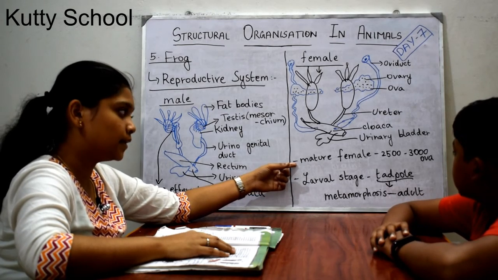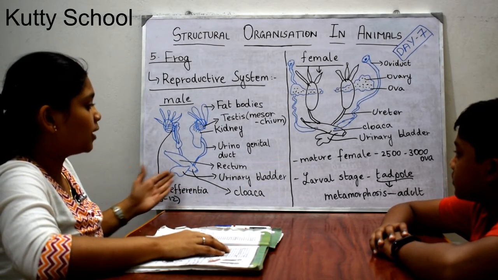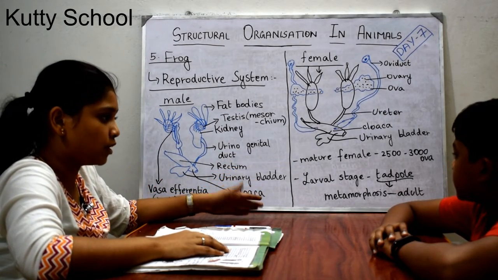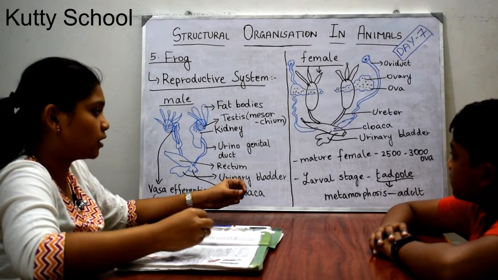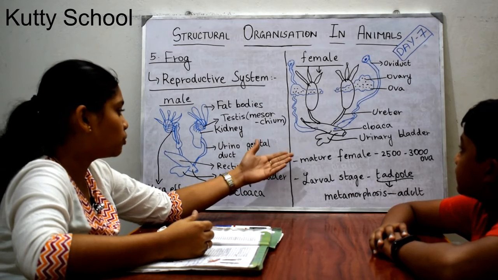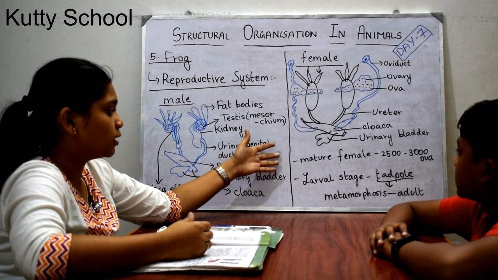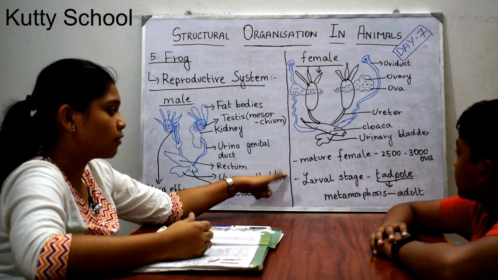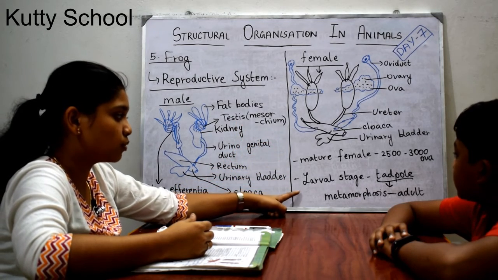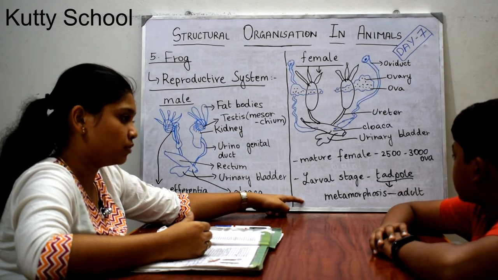The eggs are released in the water, and even the sperms are released in the water, and fertilization takes place in the water medium. Each ovum is fertilized by a sperm, and it develops from a larval stage. The larval stage is known as a tadpole, and it becomes an adult by metamorphosis.